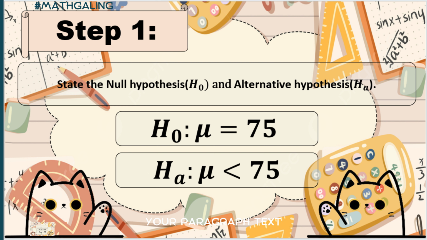Why less than? Because if you notice in our given example, the word decreased, and decrease is just the same as less than. So our alternative hypothesis, we have mu is less than 75.